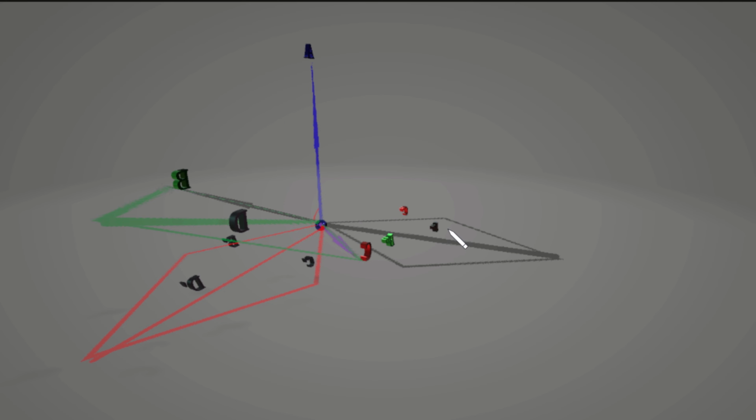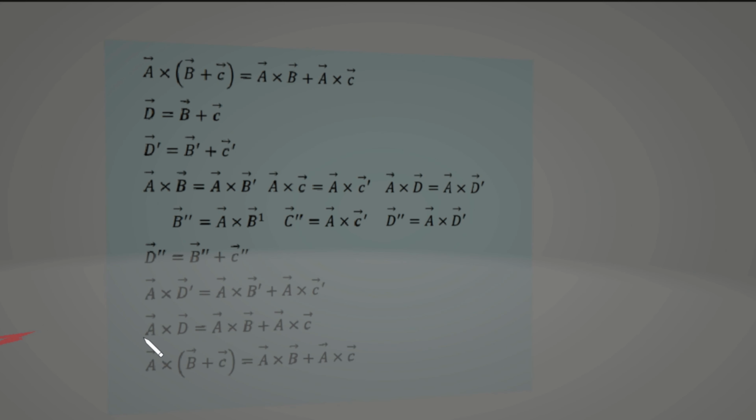Here D double prime bar is the resultant vector of the cross product between A bar and D bar, and also equal to A bar cross D prime bar. Therefore, D double prime bar we can write as B double prime bar plus C double prime bar.